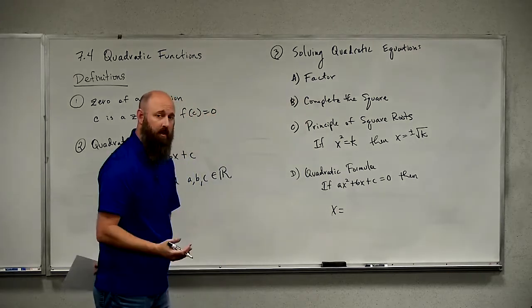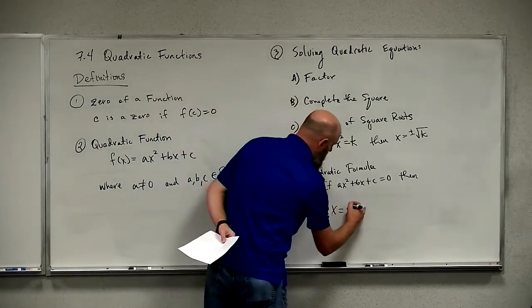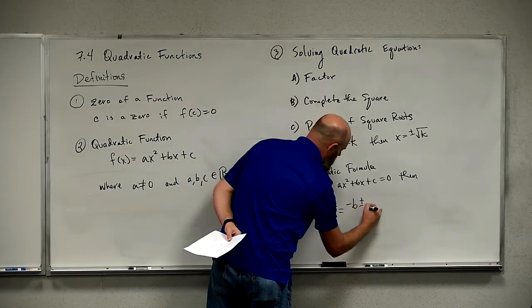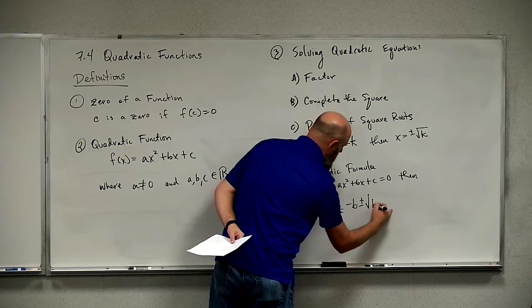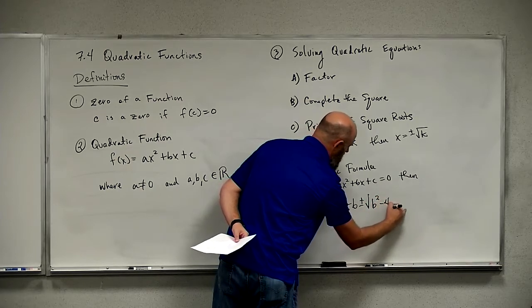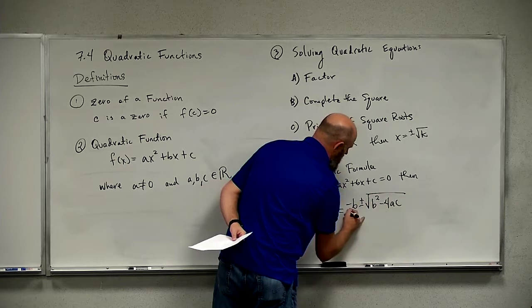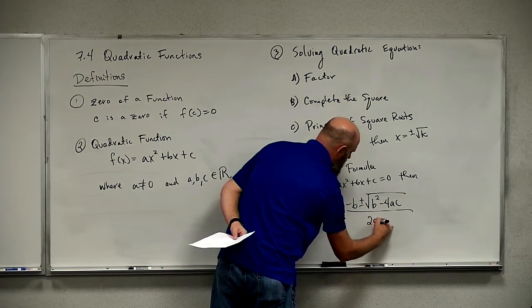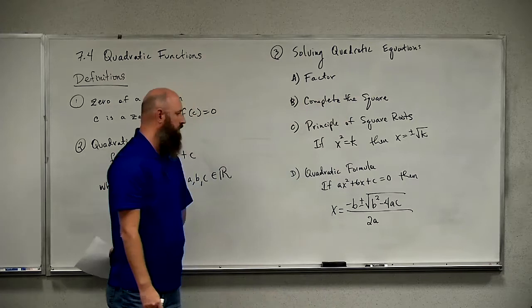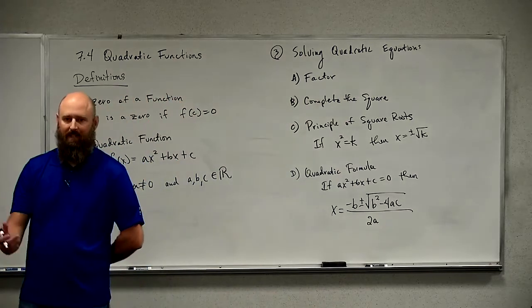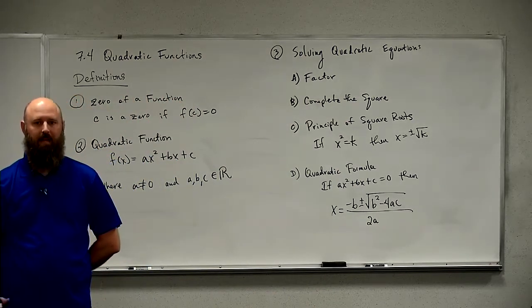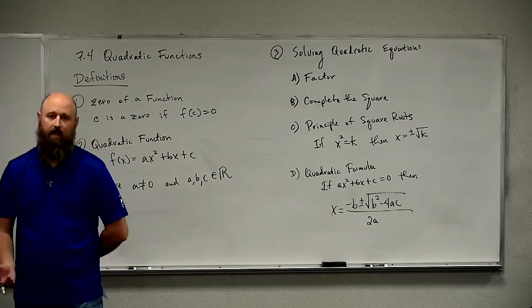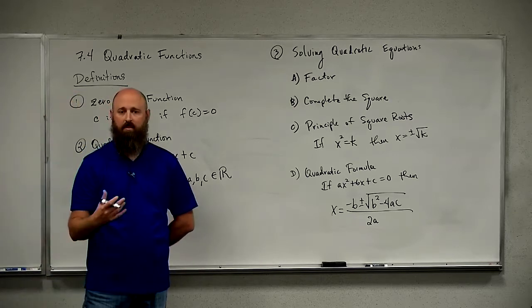That's a pretty long formula. You are going to have to memorize this. Negative b plus or minus the square root of b squared minus 4ac, all divided by 2a. You need to write that down, make sure that you have that, because we're going to be using that quite a bit in this section. And that's going to make our lives easier.